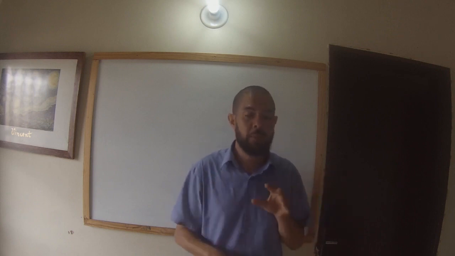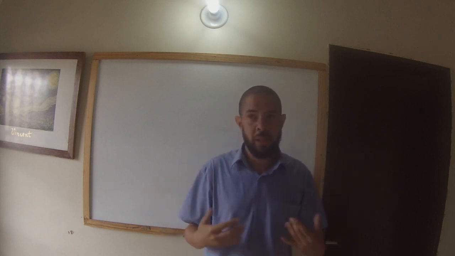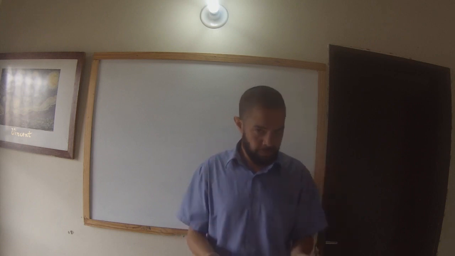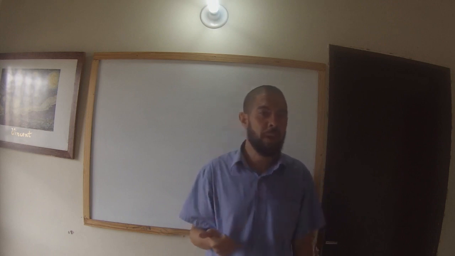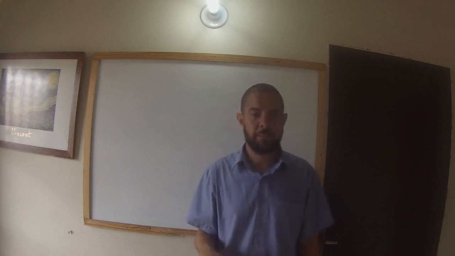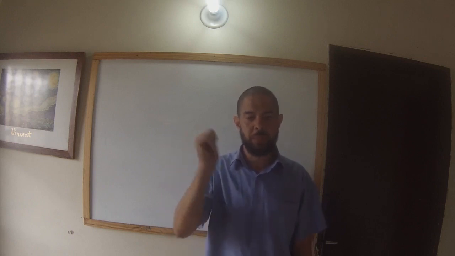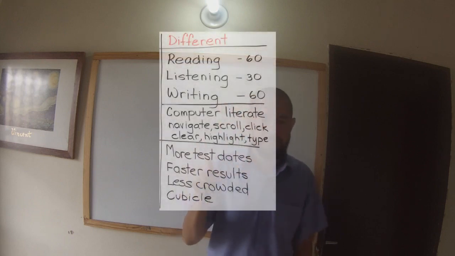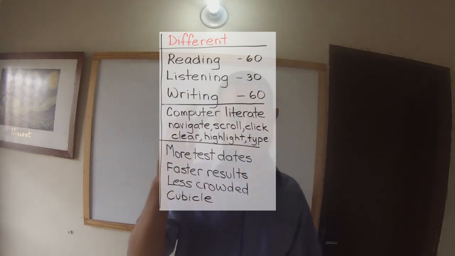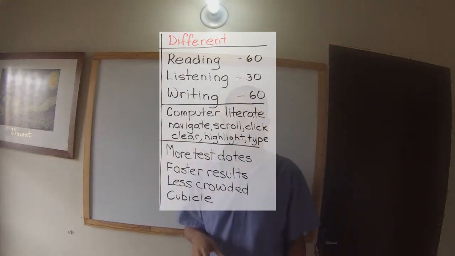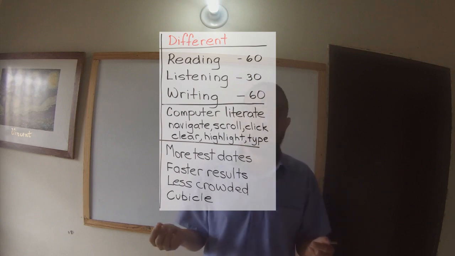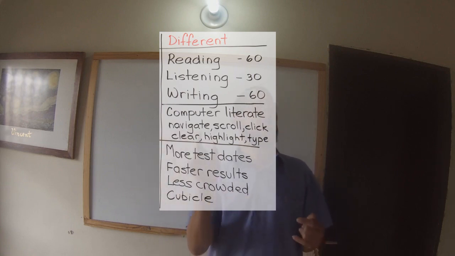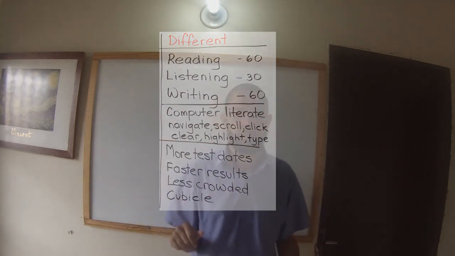If you want to do the CDT, the computer delivered test, you have to be a little computer literate, right? Because you have to navigate, scroll, click, highlight, and type on the test, and sometimes you may be confused about it. In this case, I recommend you do the PBT test, the paper based test, right?